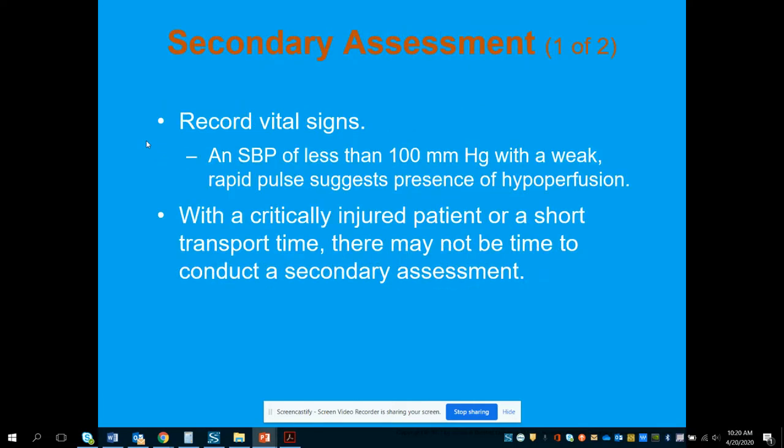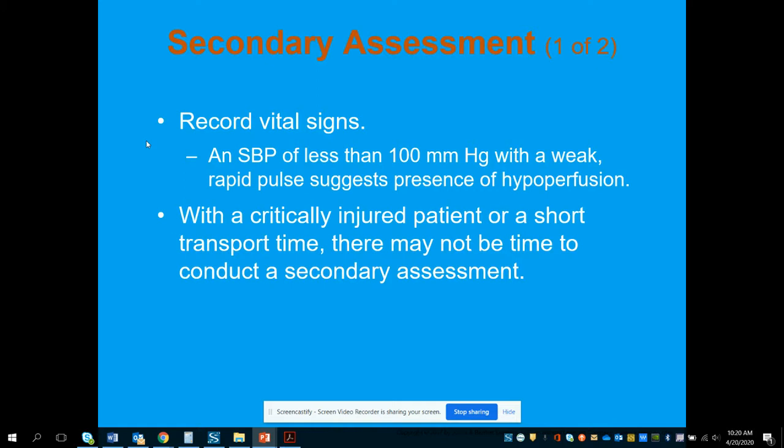When we're doing our secondary assessment, we want to look at vital signs here. Remember that a systolic blood pressure of less than 100 with a weak, rapid pulse might suggest the presence of hypoperfusion. Generally, we think that we want to maintain a systolic blood pressure of over 90 in a trauma patient. It just depends on what literature you're looking at, whether they say 90 or 100 is acceptable.